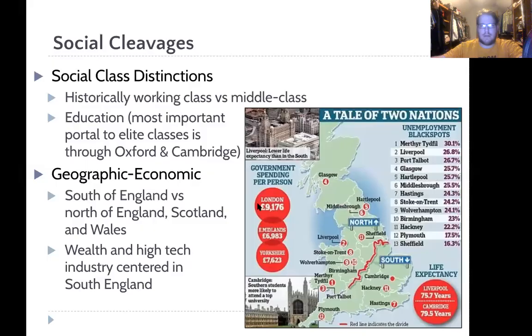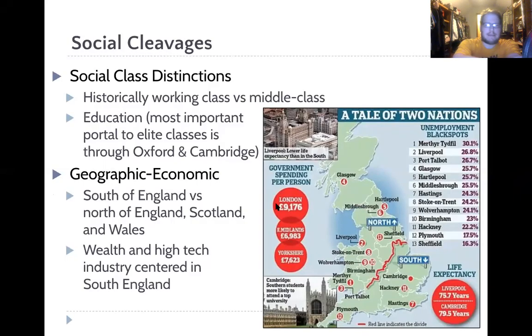So, in terms of social class, that becomes a classic middle class versus working class breakdown. You can create an inversion of the north-south gap, that more folks living in the north tend to be in the poorer, more industrial areas of the United Kingdom, whereas the wealthier, high tech places tend to be in the southern portions.